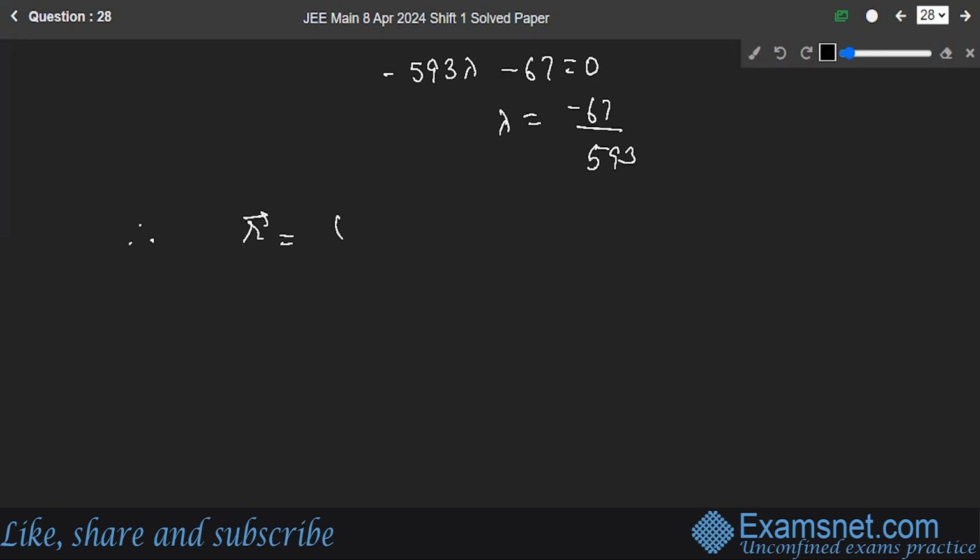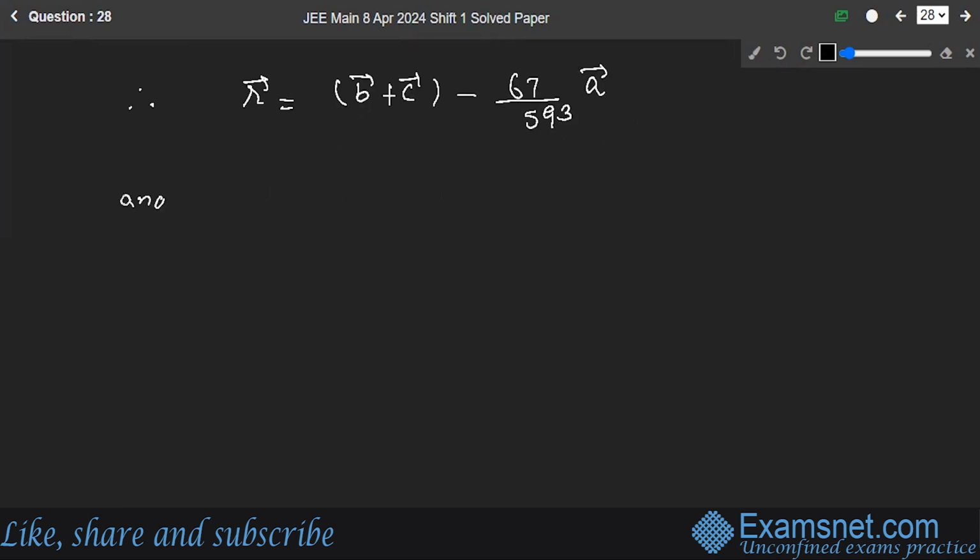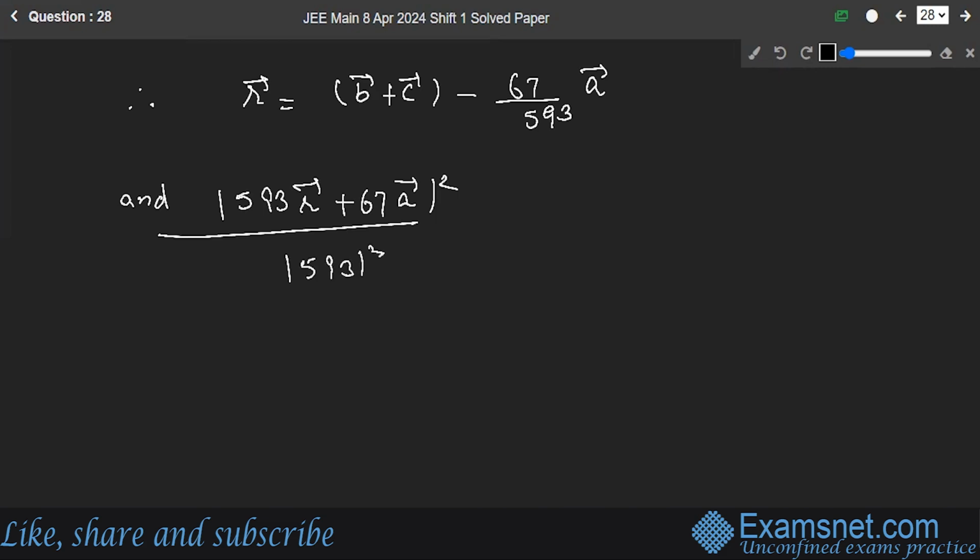Therefore, R vector is equal to B plus C minus this vector. And the modulus of 593 R plus 67A upon 593, square, is equal to (B plus C) square. This was minus 12K, right?